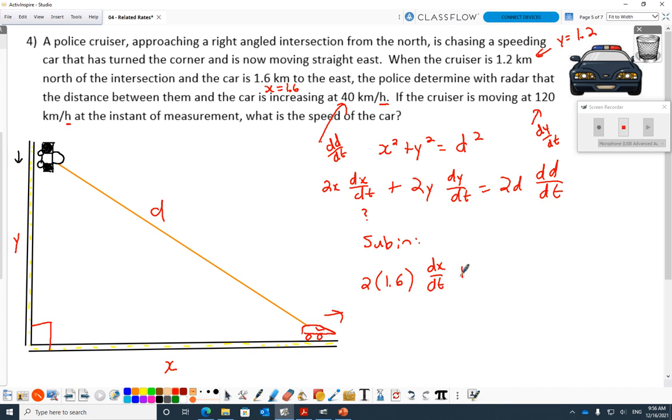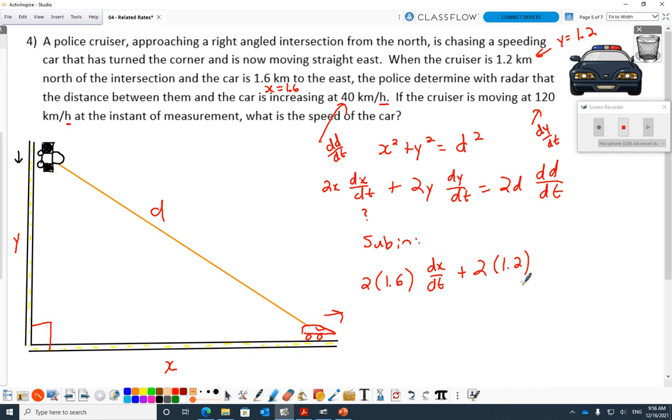Then 2, y. Do I have the y value? Yes. He's 1.2 kilometers north of the intersection. dy/dt, that would be the speed of the cruiser, so 120 kilometers per hour.